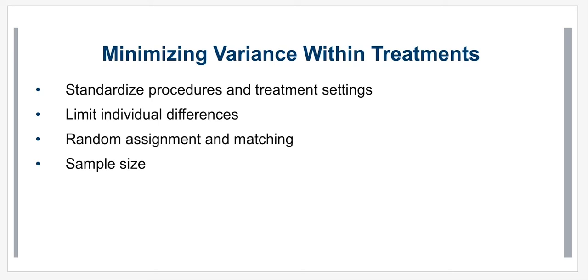And so you have to be careful. Not that those aren't good procedures, because they are, but you just have to be careful. It depends on the goal of what your research is, right?